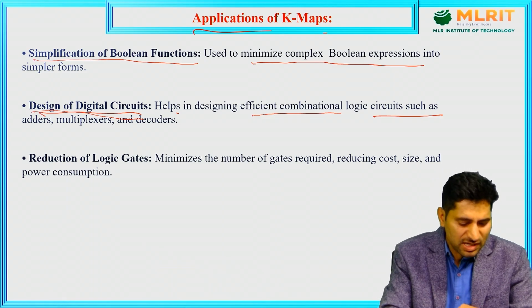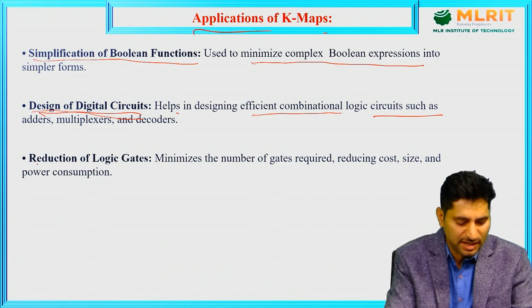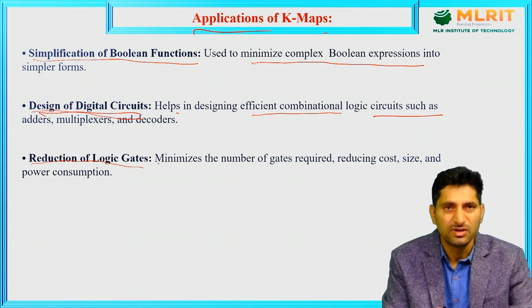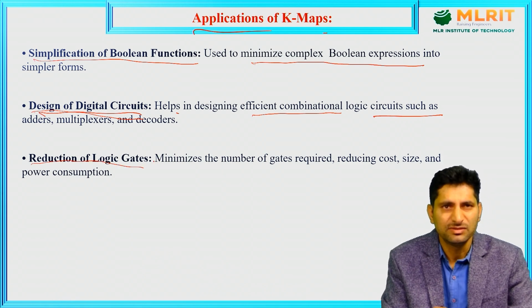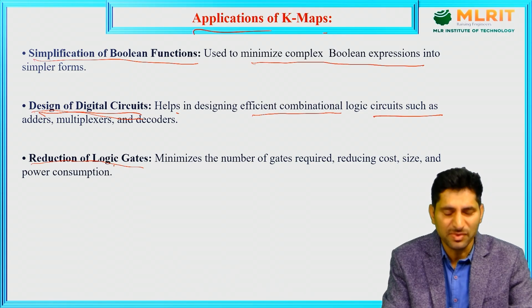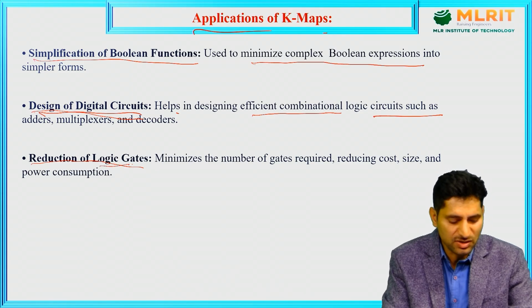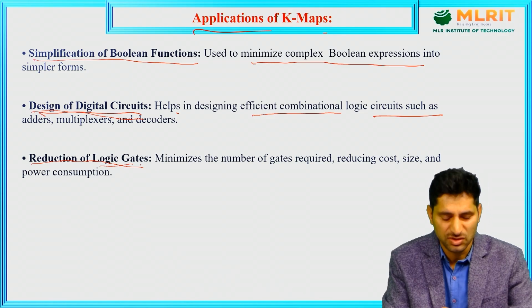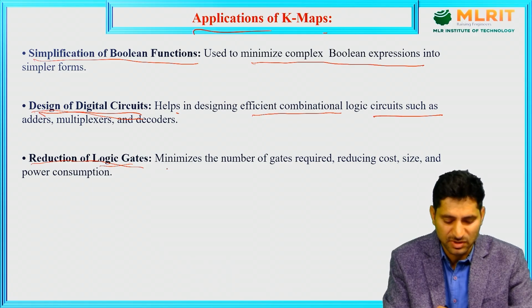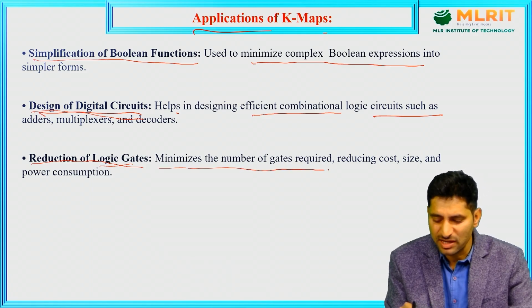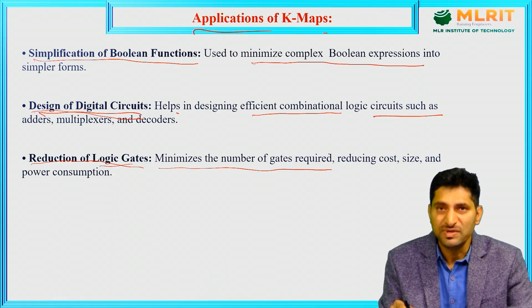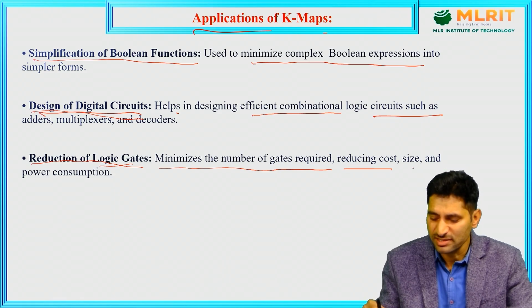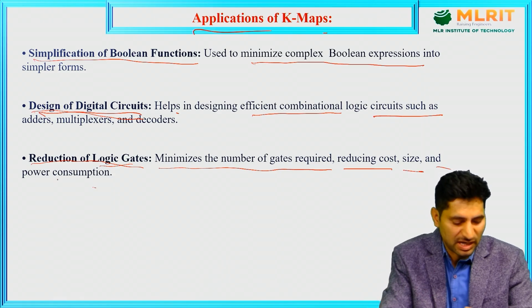Next, we use K-maps in the reduction of logic gates. In designing digital circuits we require a minimum number of logic gates. To reduce the logic gates we use K-maps, which minimize the number of logic gates required, which leads to reduced cost, size and power consumption.